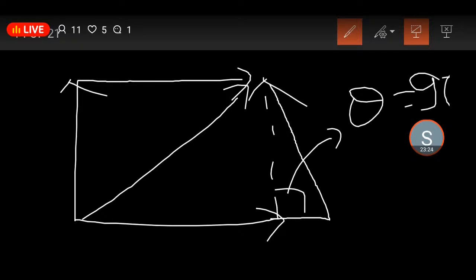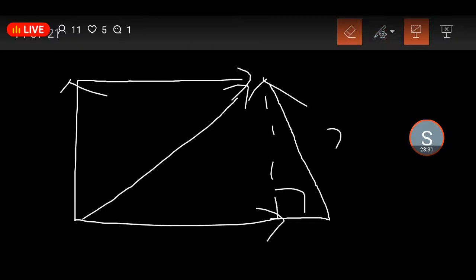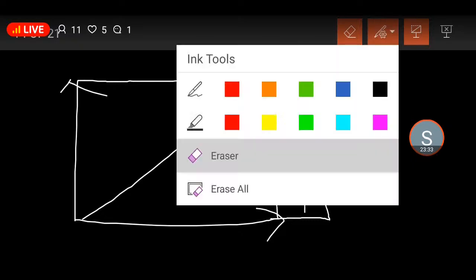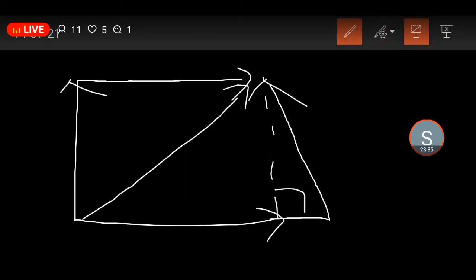Wait, there is no space. I'll write 90 degree. I'll not explain that 90 degrees thing. This is 90 degree. And the angle between them is also theta.